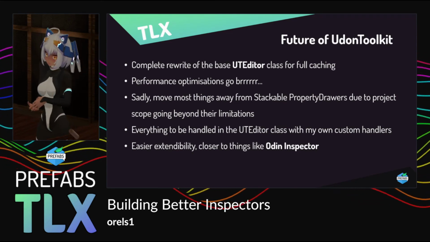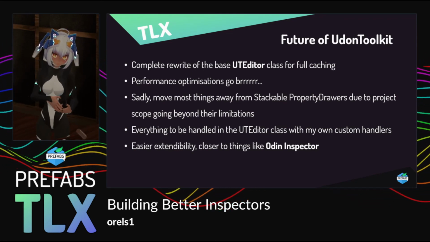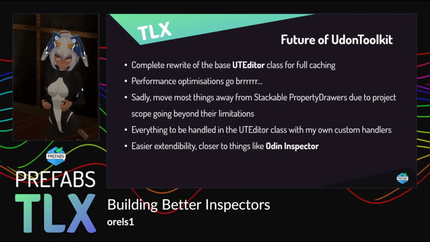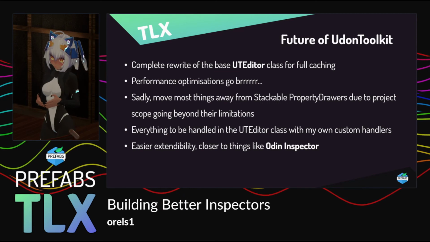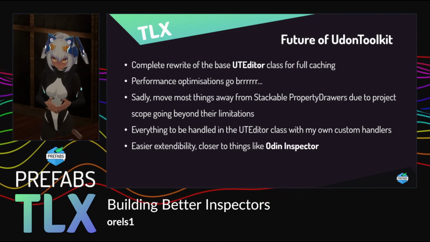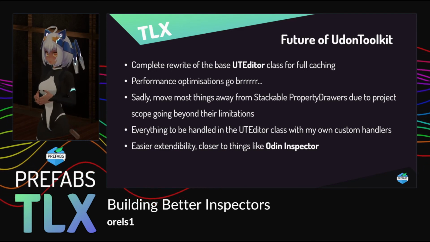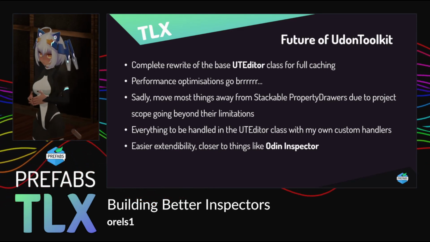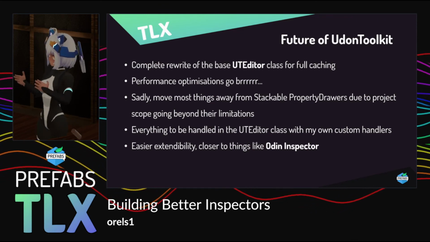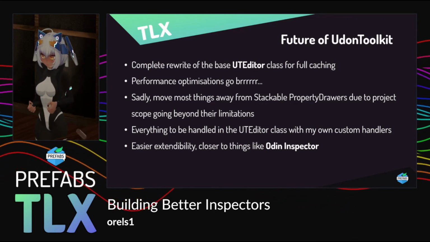So what I'm doing right now is I'm completely rewriting everything from scratch to have everything cached, so that already made things much faster, because I wasn't really efficient and I didn't really know what I was doing when I was first writing things. And the new system allows you to extend things much easier. You don't need to figure out anything like modifiers or drawers or whatever. There is no difference between any of this.